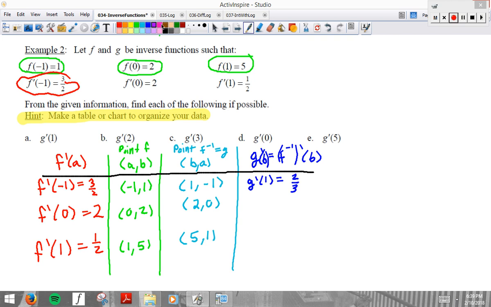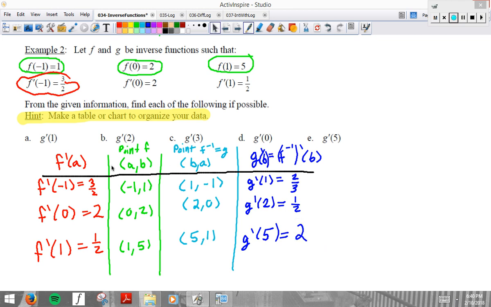So, staying in the same row, to get to g prime of 2, the x coordinate here, the y coordinate here, is 1/2. g prime of 5, the x coordinate here, the y coordinate here, is 2.